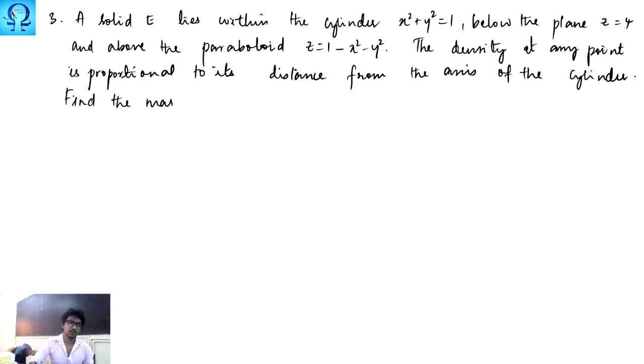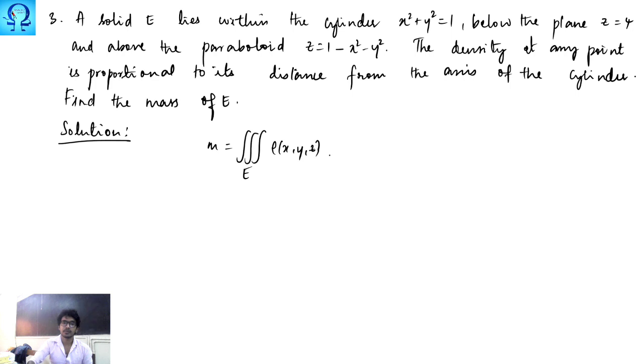the mass of E. So as we have seen in the applications of multiple integrals, mass is going to be the triple integral over E of density dV. Okay, this we know for sure. So from the given information we will have to identify our things.